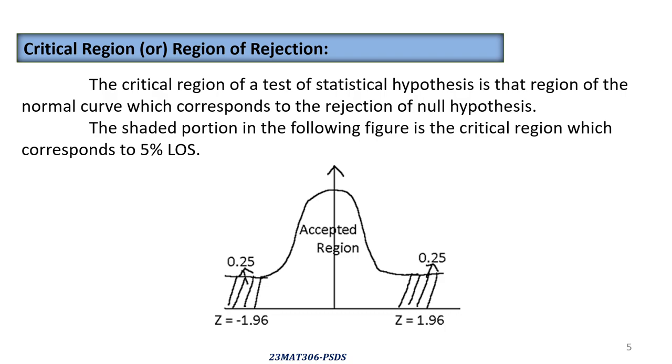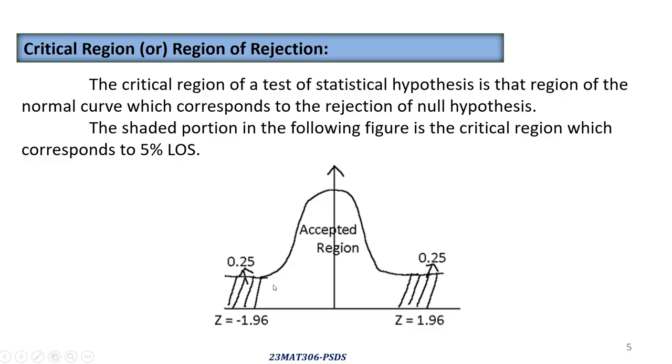Critical region is a very, very important thing in the testing of hypothesis. It is also known as the region of rejection. See the curve. For large sample tests, we are dealing with the normal distribution, right? So normal distribution means the bell-shaped curve. In this curve, the bell-shaped part is the accepted region, and the tailing part is the rejected region. This tailing part is called the critical region. This 5% represents the level of significance.